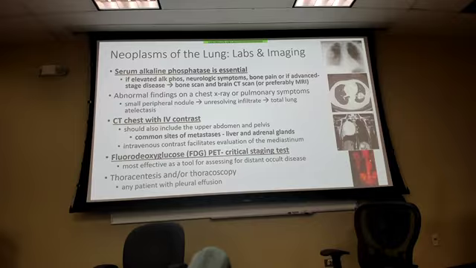PET scan. It's a critical step for staging. Okay. We need to know if it's spread anywhere. This is only to assess for distant occult disease. And that's what this red picture down here shows, right?